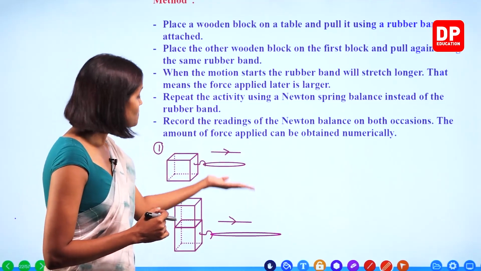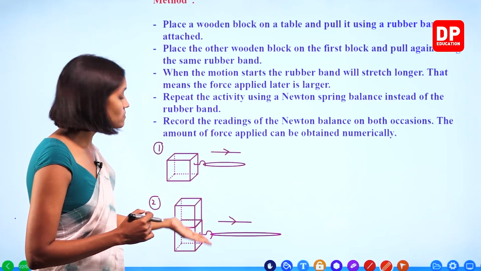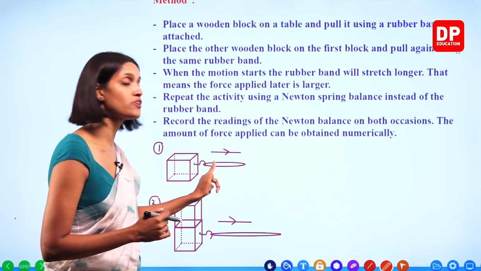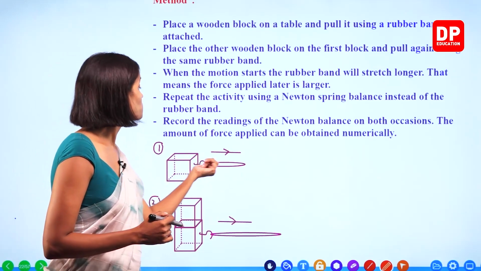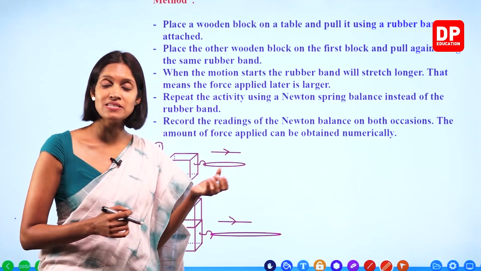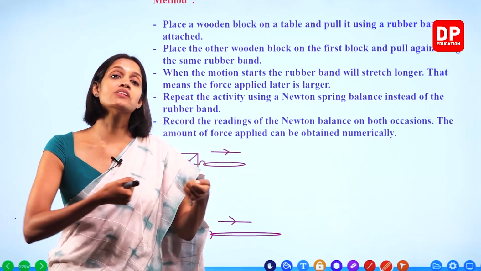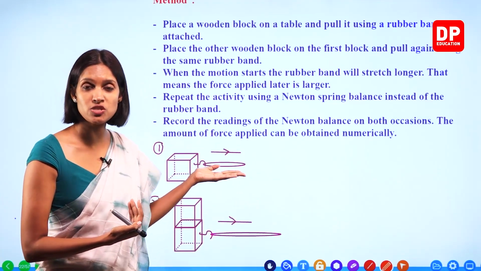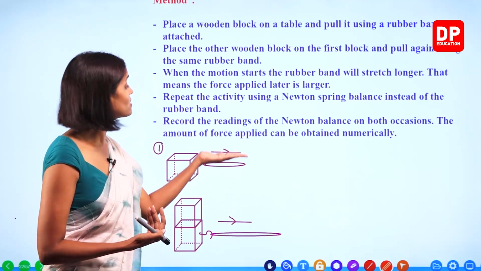Right? The next steps, you have to do the same 2 steps. Instead of the rubber band, you have to pull it using a Newton spring balance, and the way it stretches will be different, and the value given by the Newton spring balance in each instance will be different.